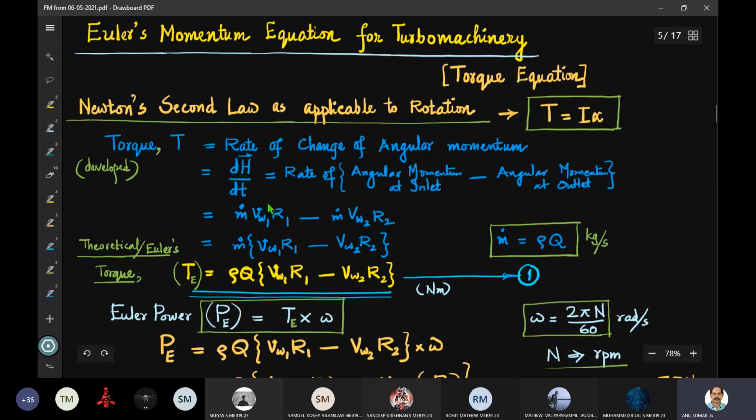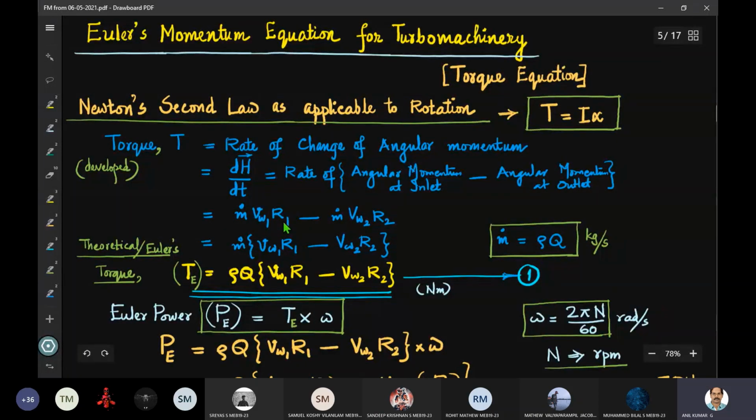That is Vw1. And I told you the other day, Vw1 and Vw2 are important since these components are responsible for the torque generation. So m dot, the mass flow rate, multiplied by the velocity of fluid in the direction of u1, which is also called the tangential velocity of the fluid when you refer to a situation where the blades are fixed on a wheel.